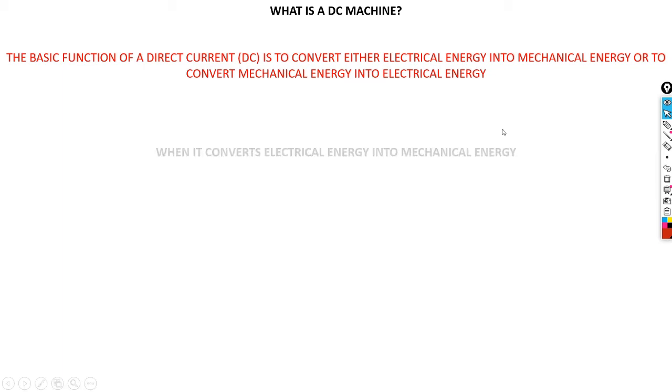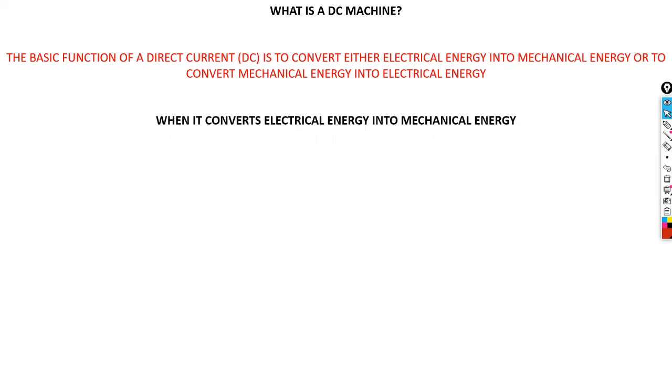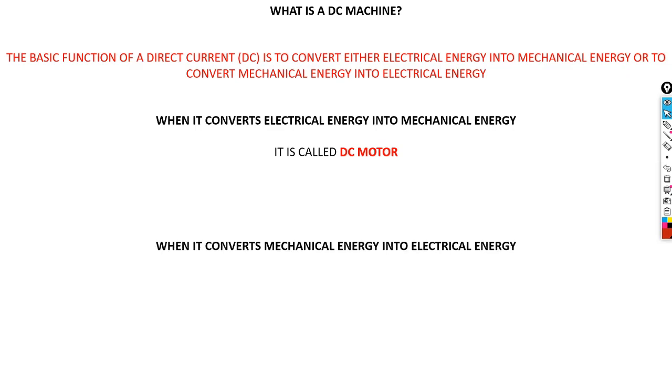When it converts electrical energy into mechanical energy, it's called a motor, because you convert a DC current into mechanical energy. And when it converts mechanical energy into electrical energy, it's called a DC generator, because here we are taking mechanical energy and producing a DC electric current.